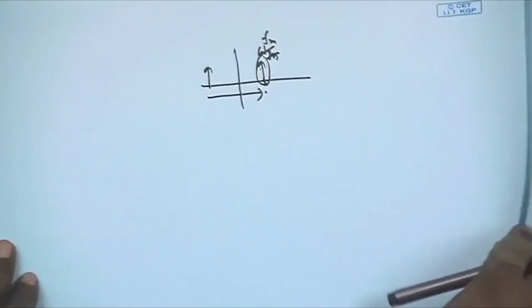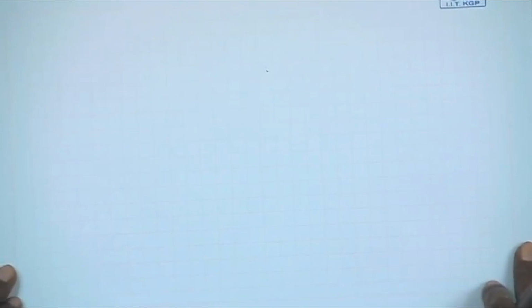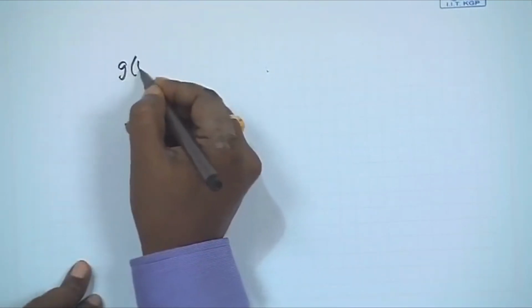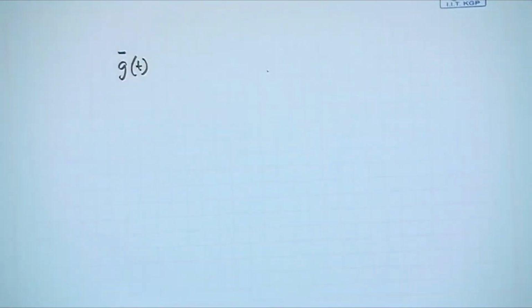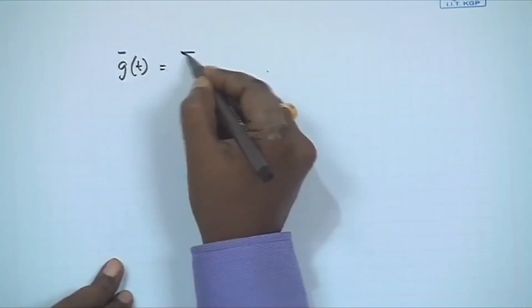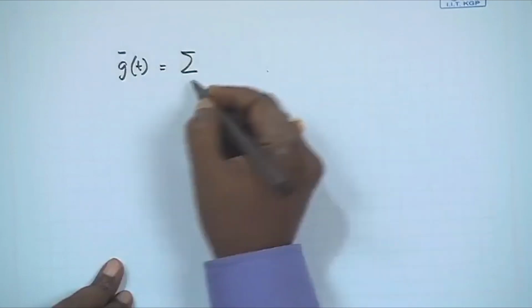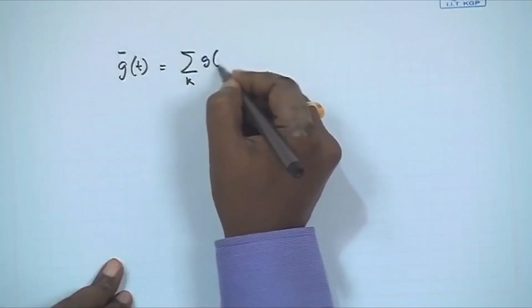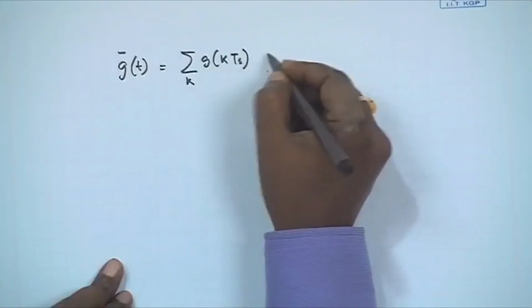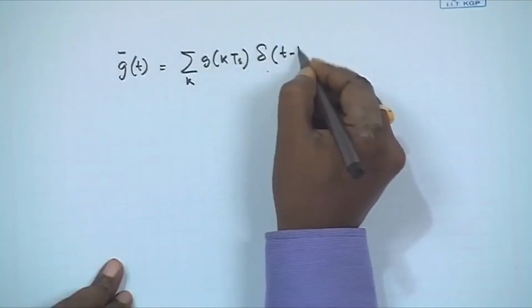Now, what I have to do is, I had g(t), right, which is represented as this summation. Let us say I have k or n, whichever you put, g(kTs) delta(t minus kTs).